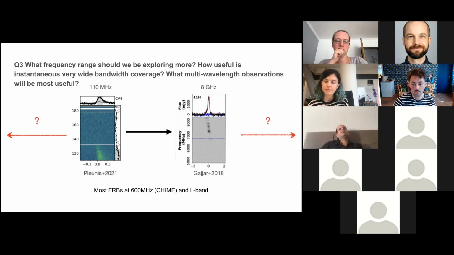I'm wondering if this is just characteristic of repeaters not having frequent emission at high frequencies, or if people are thinking about going to high frequencies to do all-sky searches with possibly a higher field of view. It's not clear to me. Maybe the emission at high frequencies is different for apparently non-repeating FRBs. I don't know. What do others think about this?